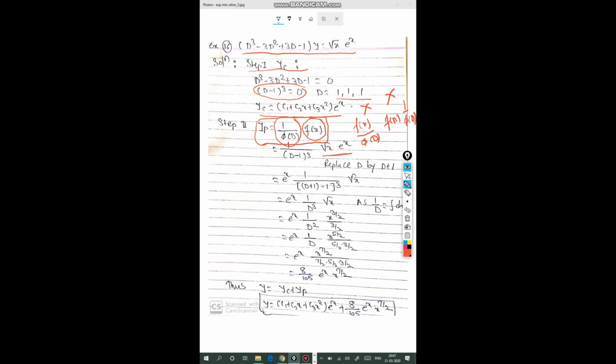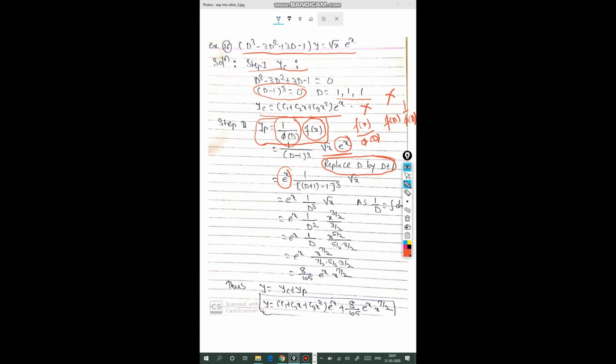Here our function is root x into e raised to x, and our method is whenever e raised to x into v is there, we replace D by D plus a. In this case, we replace D by D plus 1. So this is our method. Now when we replace D by D plus 1, actually we operated that operator on the exponential function, so the exponential function comes before the operator.